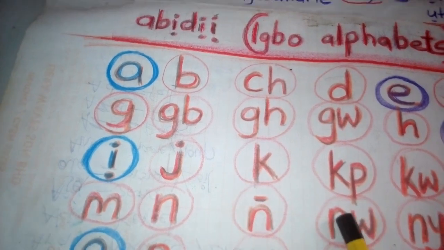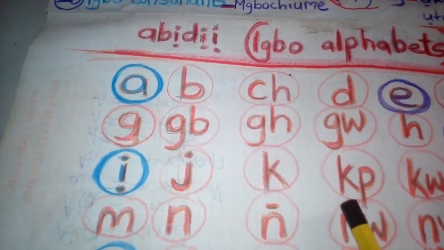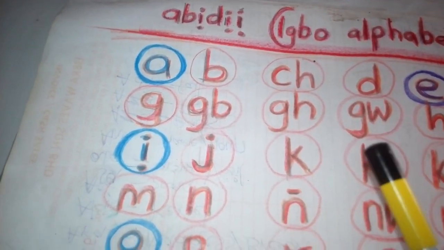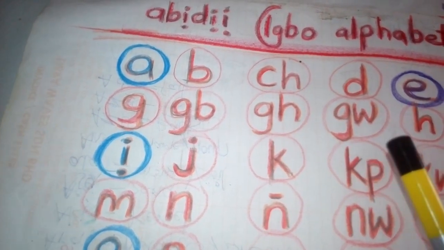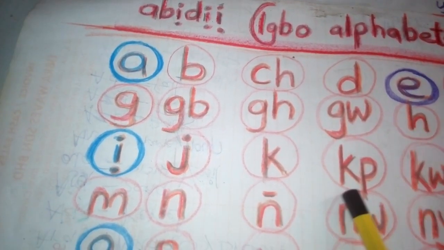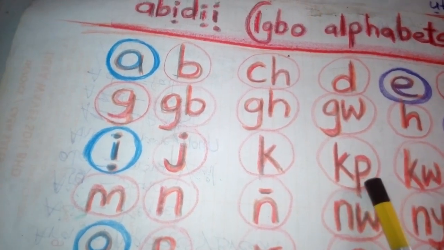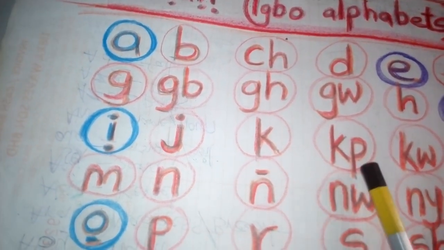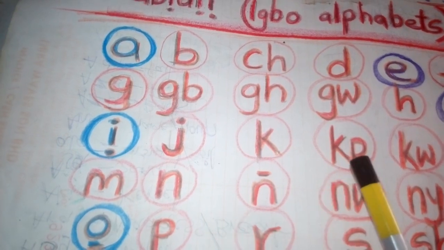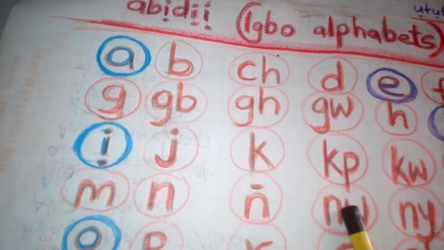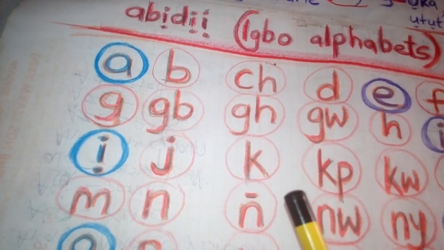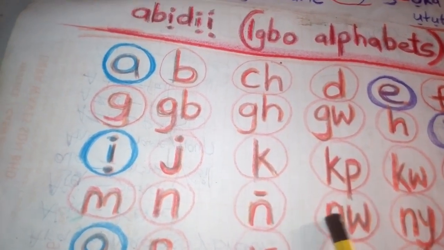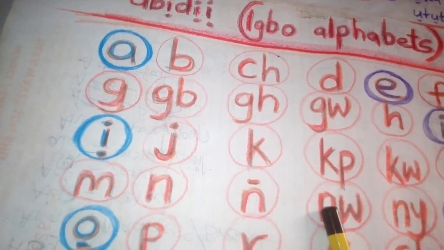Apart from the vowels, the remaining letters, when you remove the vowels from the Igbo alphabet, or the English alphabet, are known as consonants. Consonant is Mgbochiume in Igbo language.